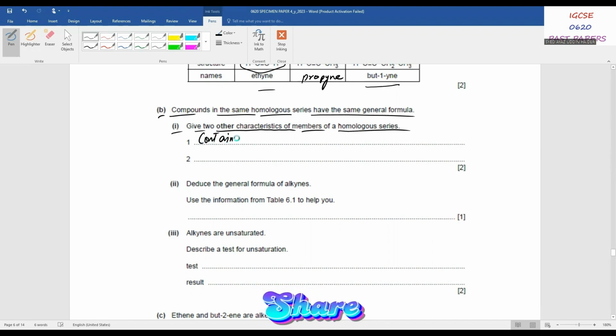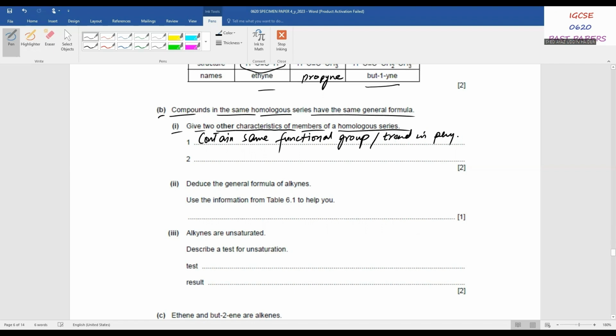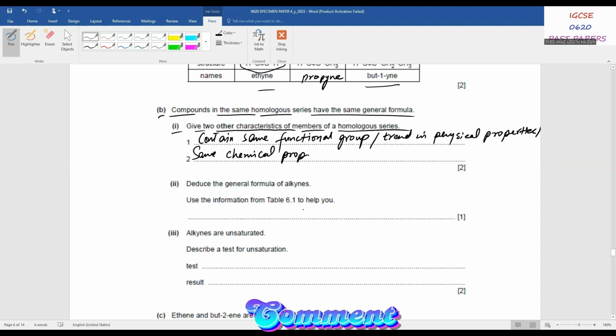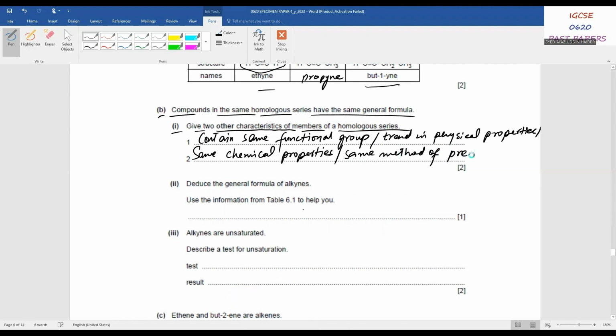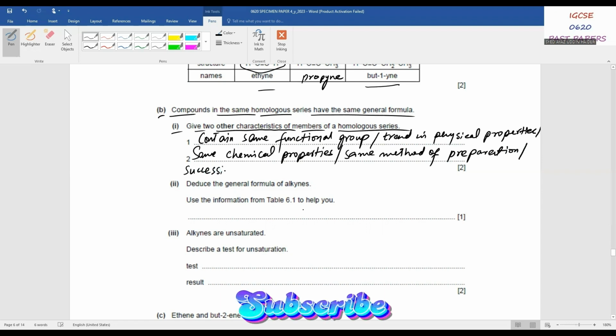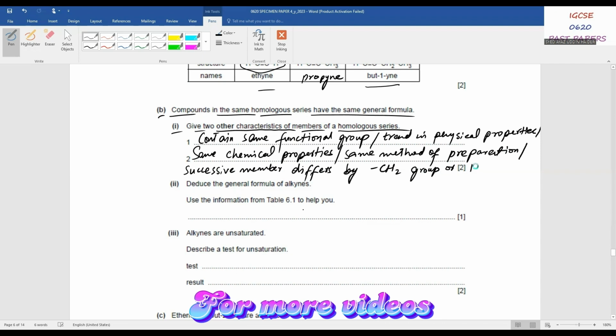So contain same functional group, trend in physical properties, same chemical properties, same method of preparation, or successive members differ by a CH2 group, or 14 units.